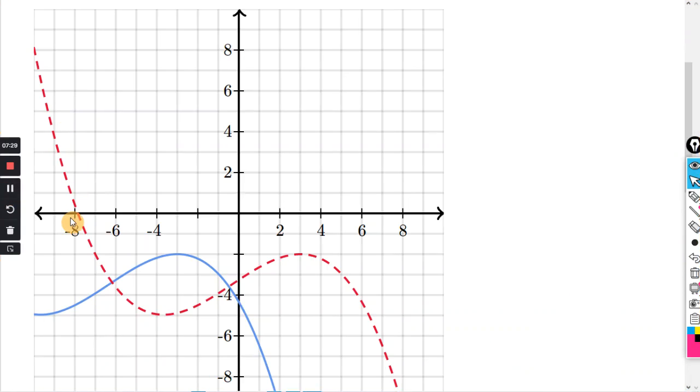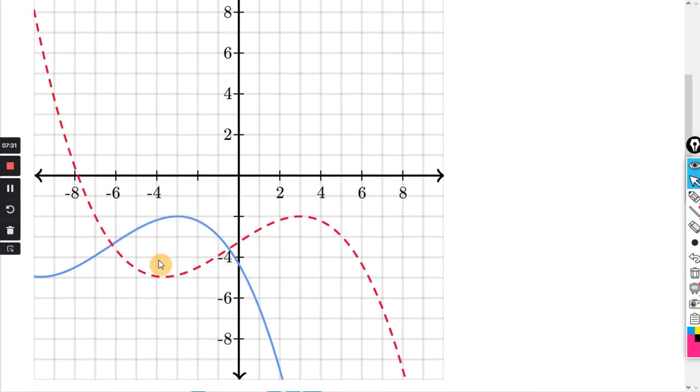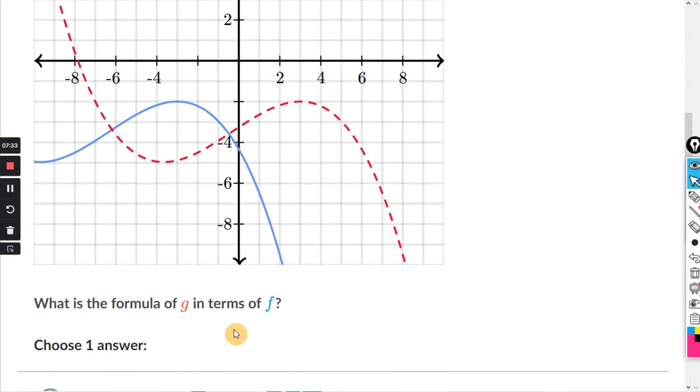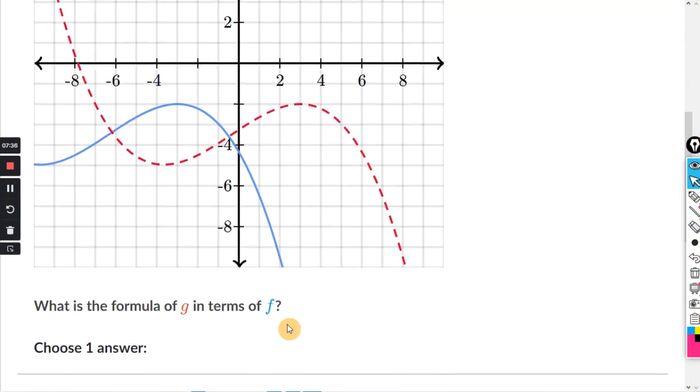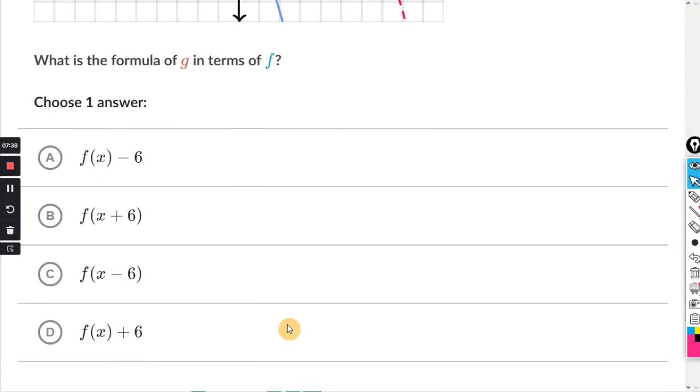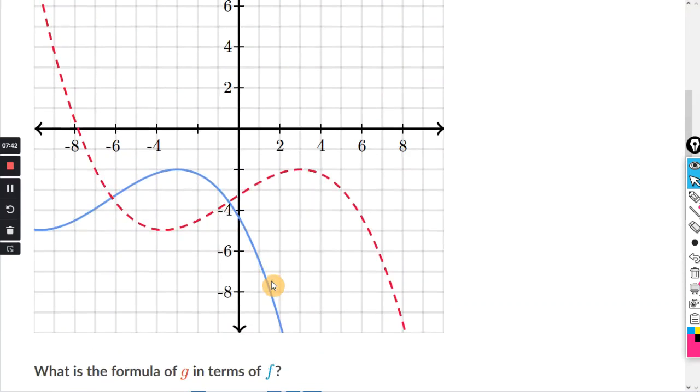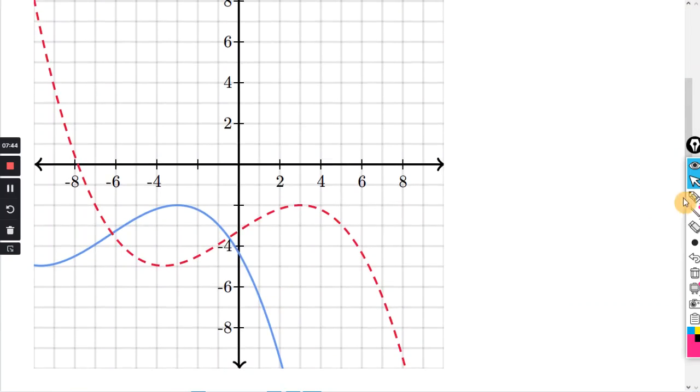All right, last one. The dotted line is g. The blue line is f. What is the formula of g in terms of f? All right, again, easy one because it's either shifting up, down, right, or left. So we can clearly see if you compare this point here to this point right here, this is at -3, and this one here is at +3.